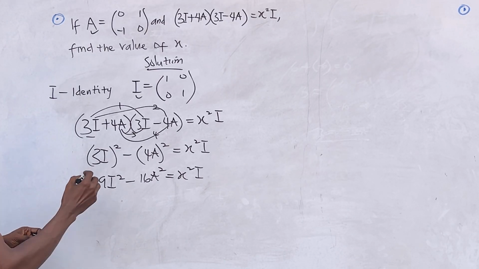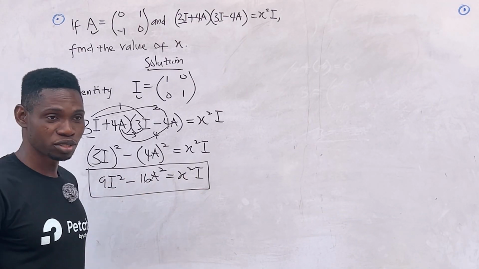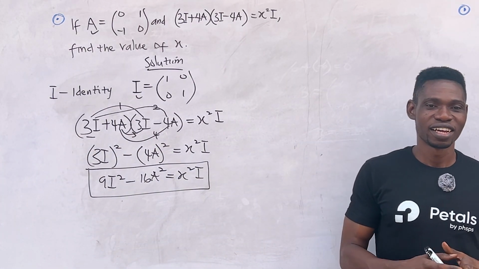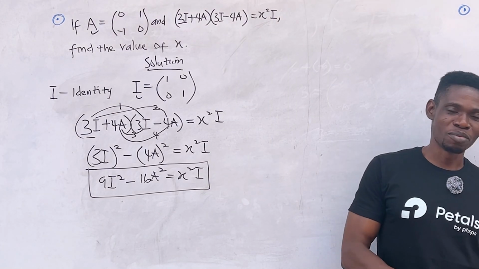Okay, so let's save this. A few things we need to know about matrices. One, the identity matrix, if you square it, the answer you get is the identity matrix.